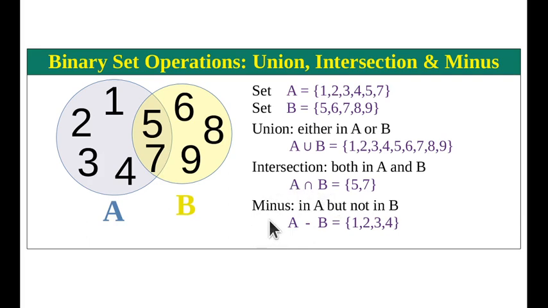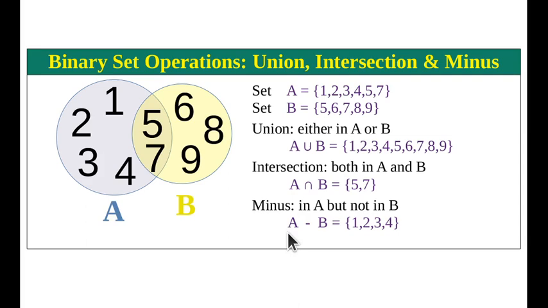Next, minus. Here we will get all such elements which are in set A but not in set B. That means from the figure you can see only within the set A, not in set B, elements are 1, 2, 3 and 4.